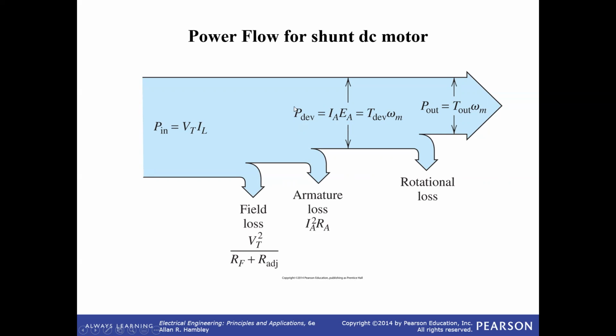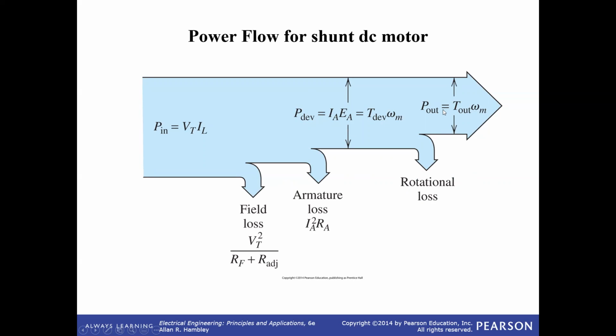The power developed from the motor, you can calculate by using electrical parameters, EA IA, or you can also use mechanical parameters. Then if you subtract the rotational loss, which is sometimes quite difficult to calculate, you get your actual output power.